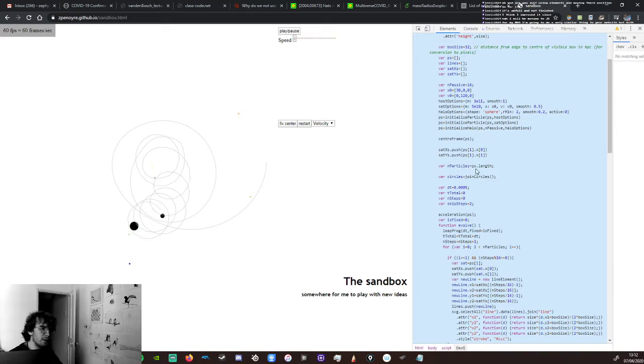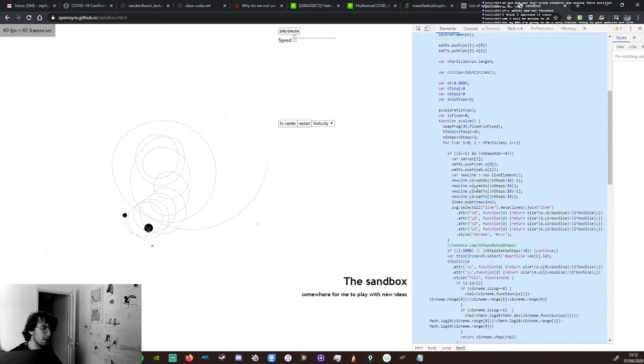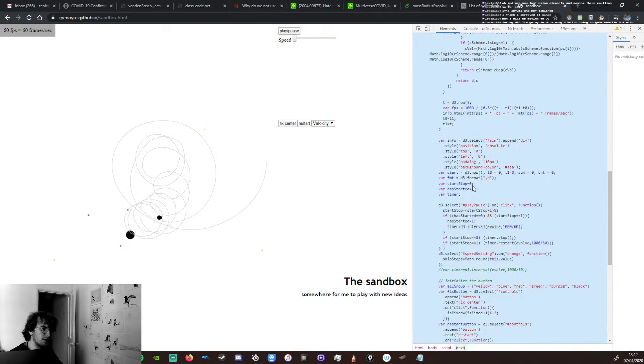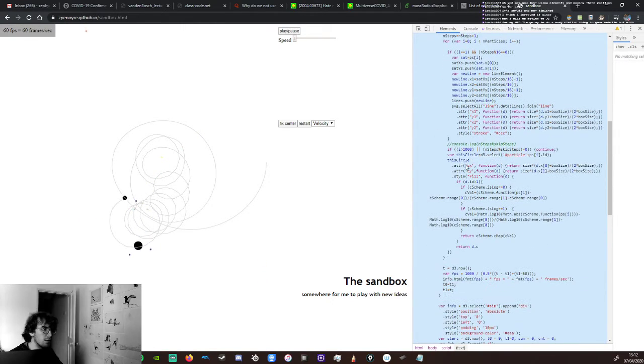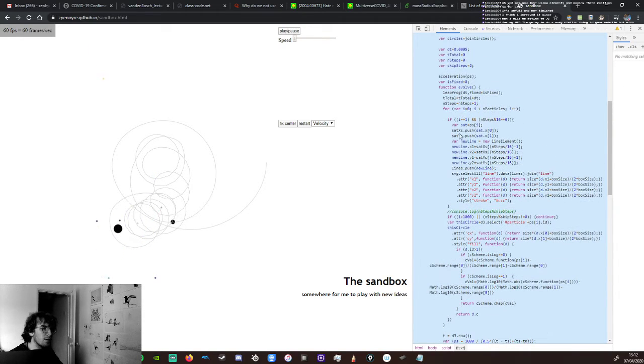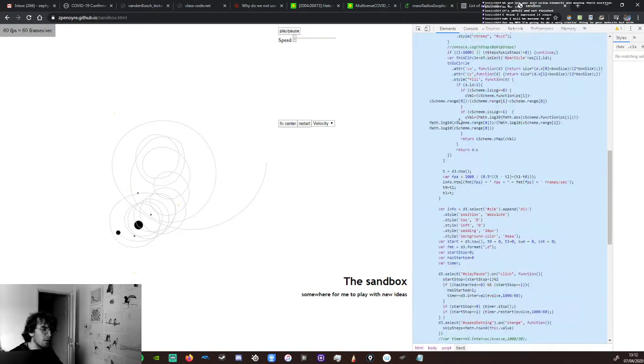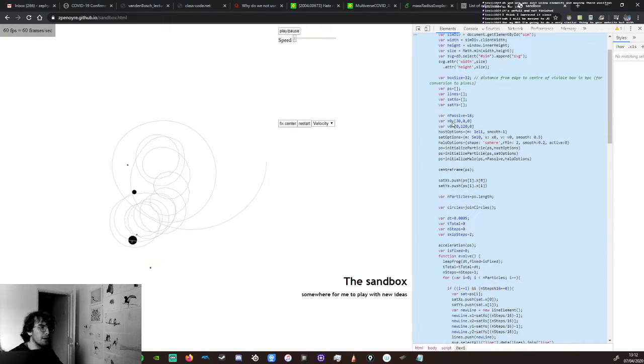So where do I actually make these particles? In the function join circles. Function join circles. What do I define? Do I have a second?